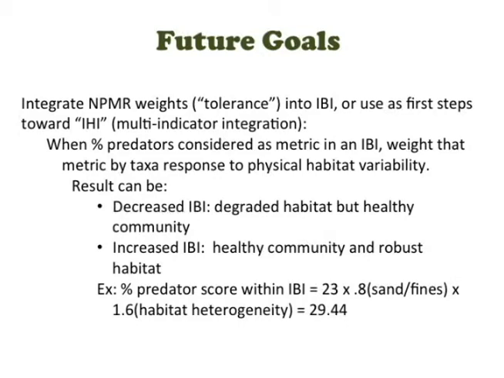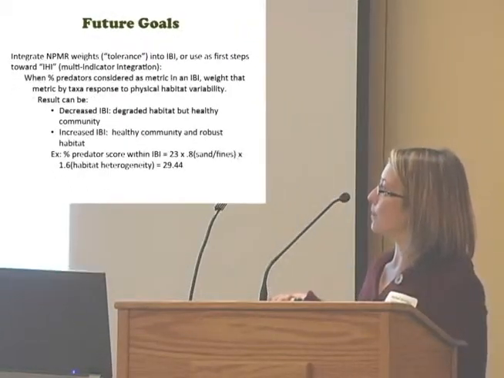So what do we want to do in the future? We want to integrate these weights into our IBI, and we can do that in a way that I've shown with pretty arbitrary numbers here. We also want to use them as a first step towards a multi-indicator metric or scale. So for this example, if we have percent predators as our metric in the IBI that we're interested in, you weight that by the percent predators response to the physical habitat variability.